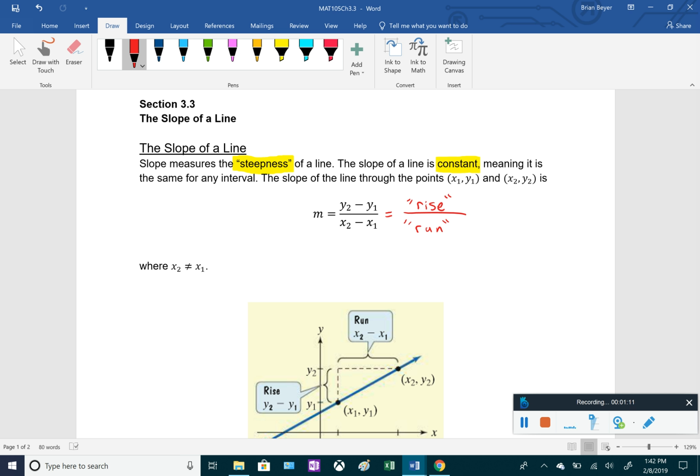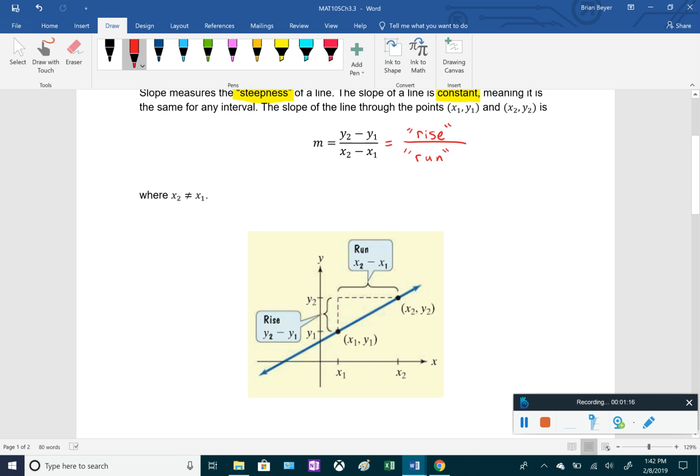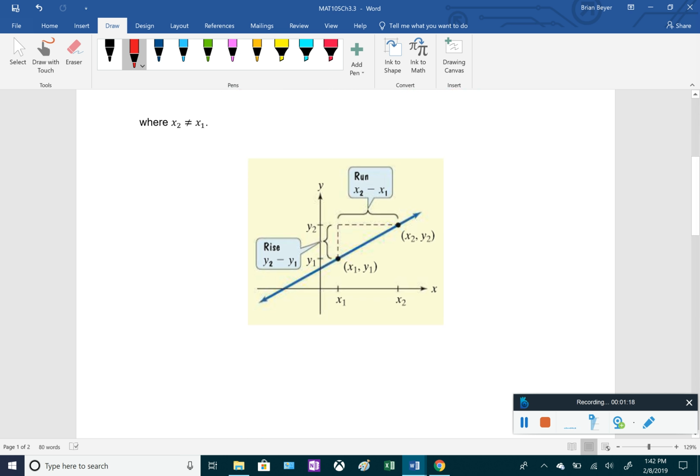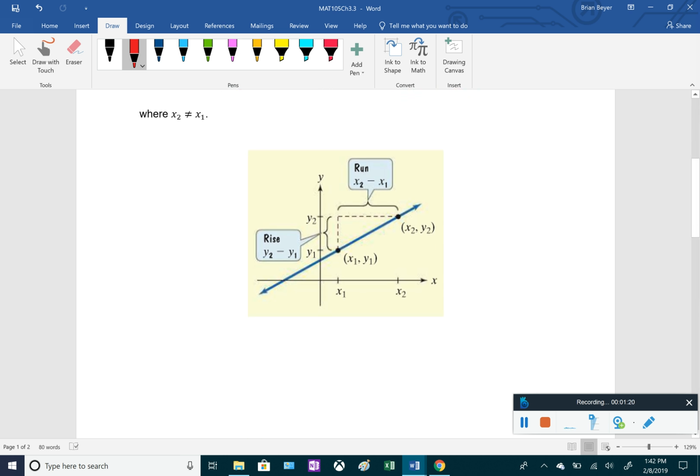If it does, then that means the denominator is 0. We can't divide by 0. So this is what it would look like. If we had this blue line right here, and we're calculating the slope between this point and this point, x1, y1, and x2, y2, whatever they are, we can see that the rise is y2 minus y1. It's the vertical distance between the points.